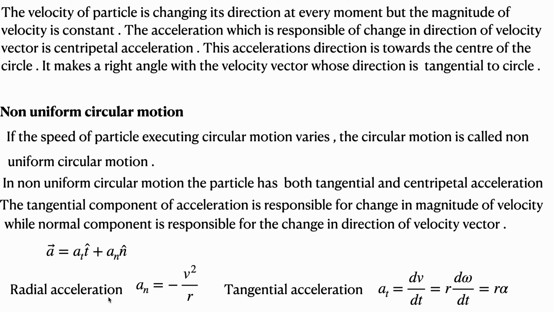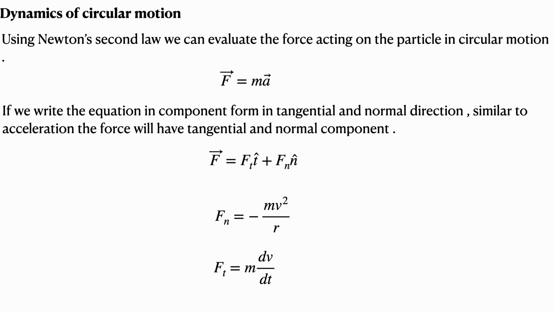So we get the radial acceleration as an equals minus v square divided by r, and tangential acceleration at equals dv divided by dt, which equals r d omega by dt, which equals r alpha. One correction is needed here: the unit vector n cap is towards the radially outward direction of the circle.